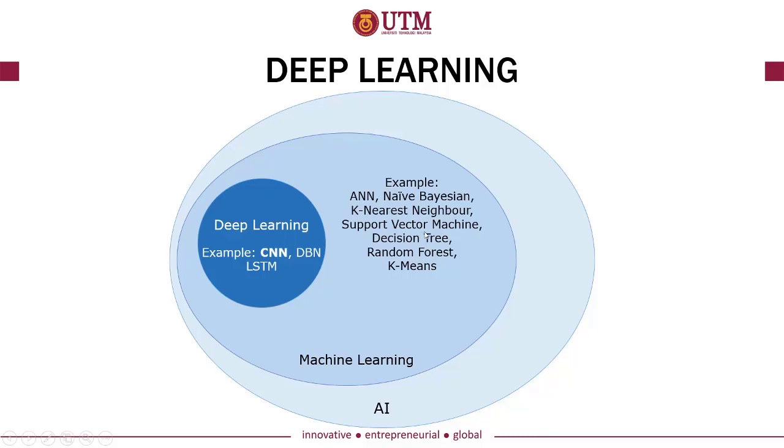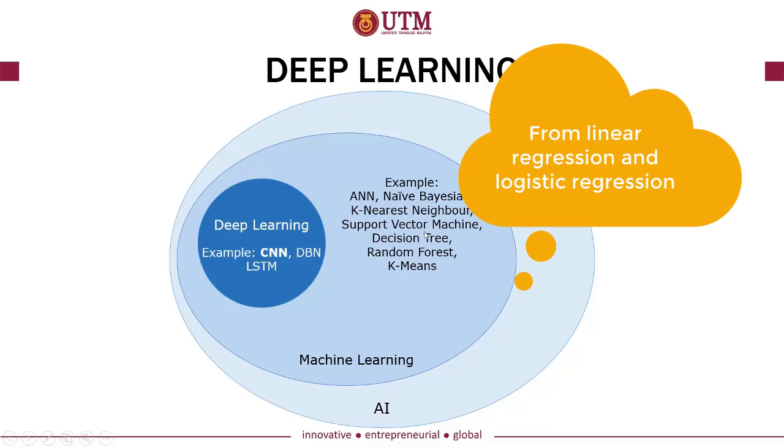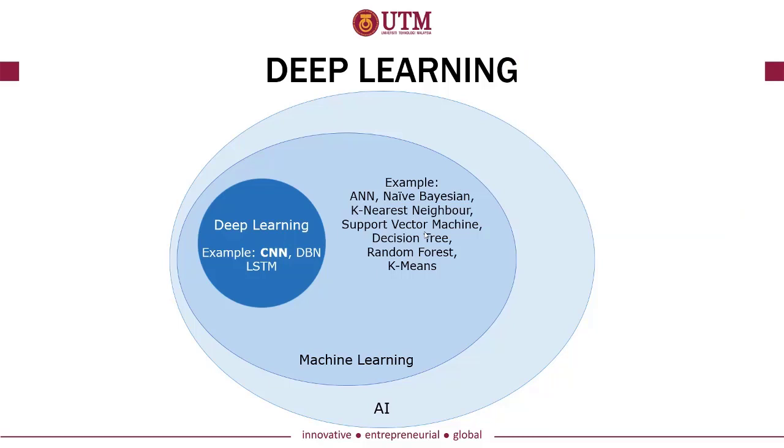We start from the linear model for regression and the linear model for classification, then in the next chapter we talk about artificial neural networks, and then we end up with deep learning, which focuses on CNN only. So actually this thing is related.